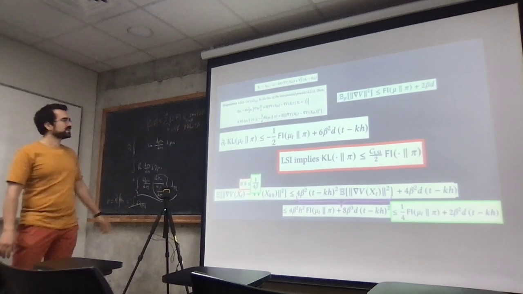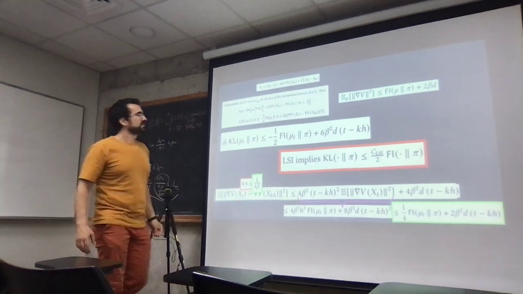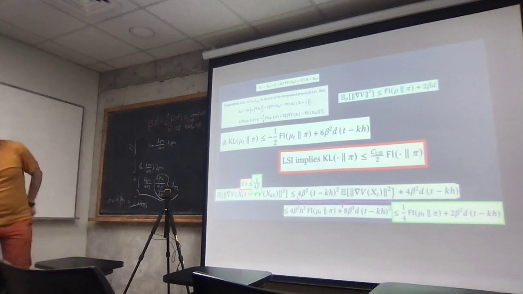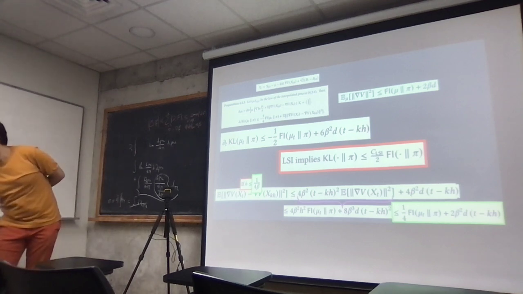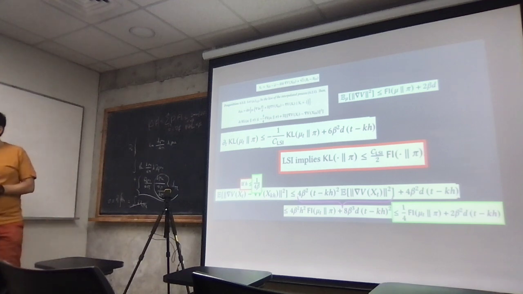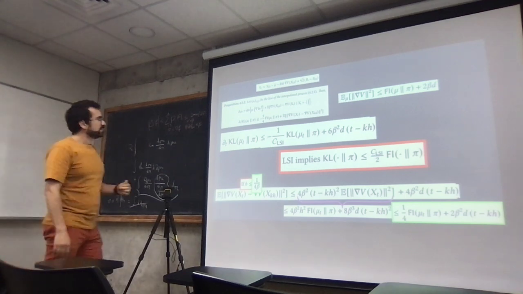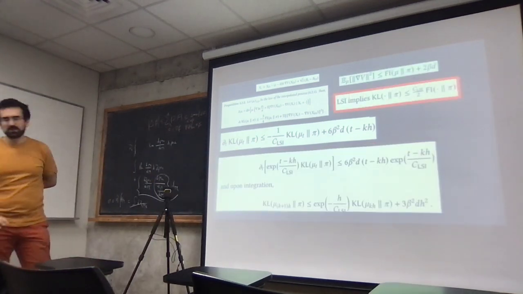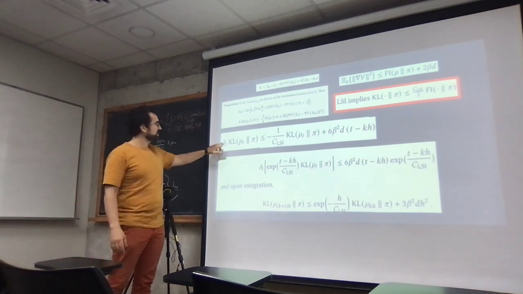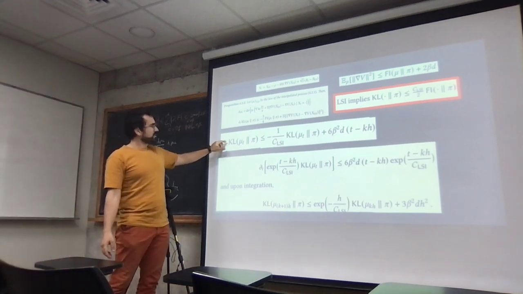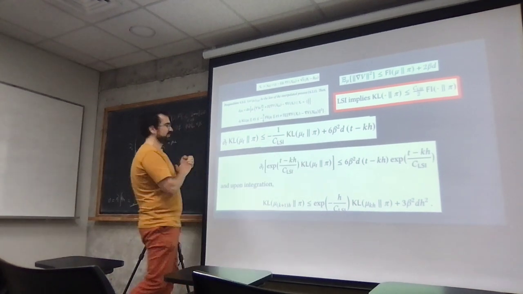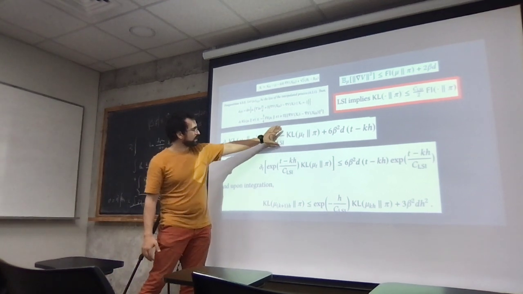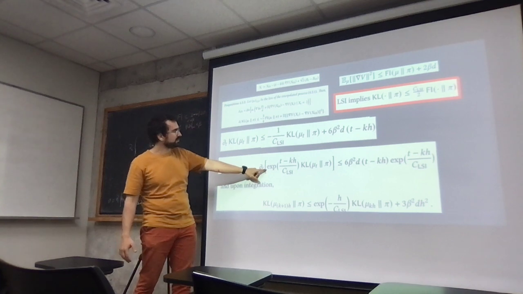And now I use this black box. Suppose that we know that KL is smaller than Fi, so minus 1/2 Fi is smaller than minus 1 over CLSI KL. And then you do the usual thing when you have a differential inequality in one variable.